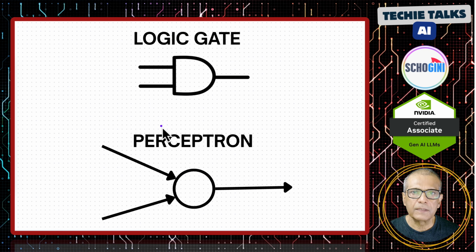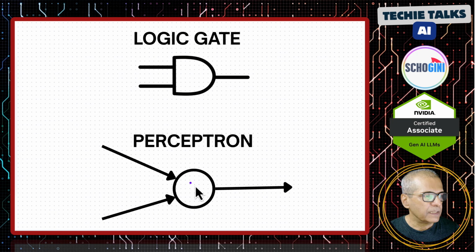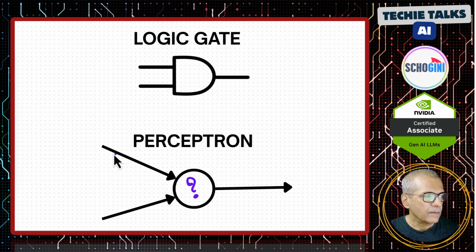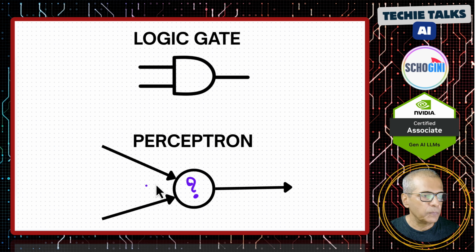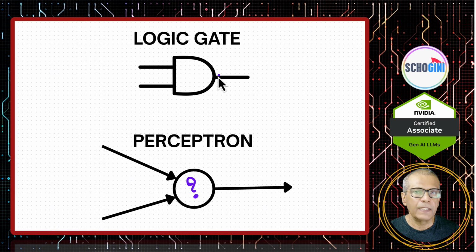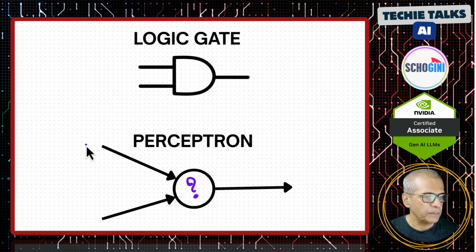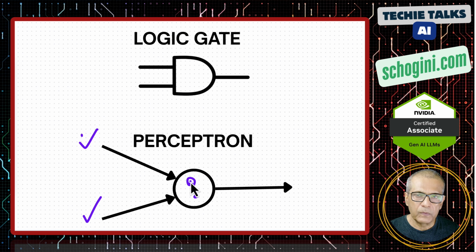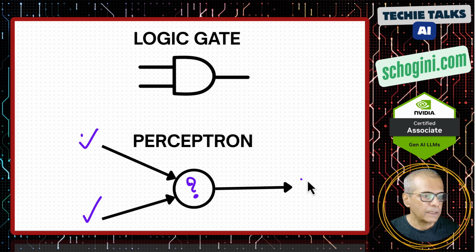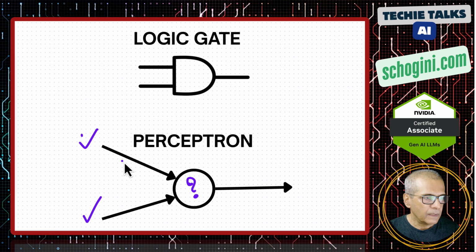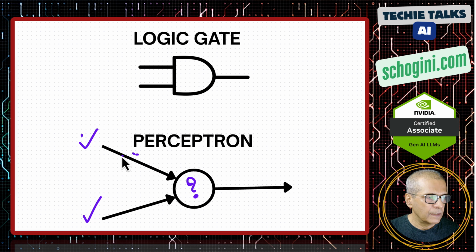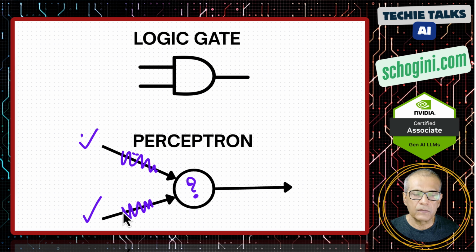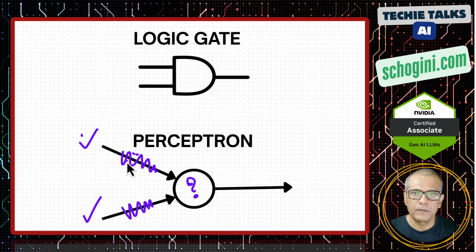Now, what is the connection with Perceptron? Perceptron is some kind of a mechanism which can process inputs and produce an output, just like an AND gate. So here what happens is this input and this input can be computed by the perceptron in such a way that it can produce an output. Now, by adjusting the weights on this and weights on this, these weights are a multiplication factor.